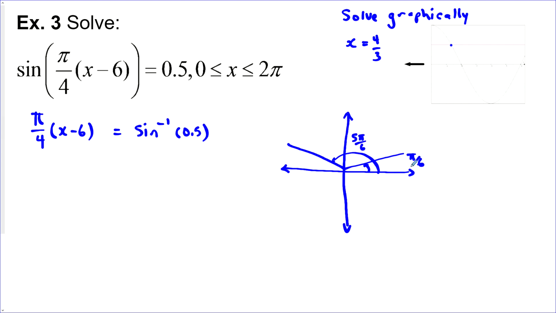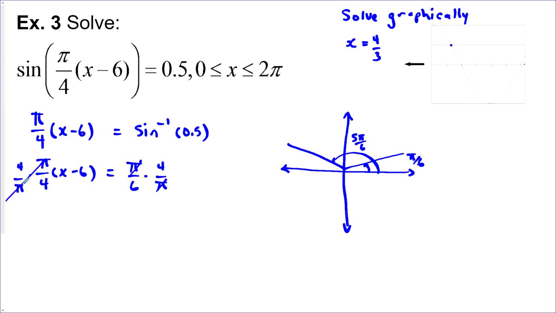Let's try pi over 6 first. Sine inverse of 0.5 is pi over 6. Do some algebra and solve for x. Multiply and divide here, multiply and divide here.